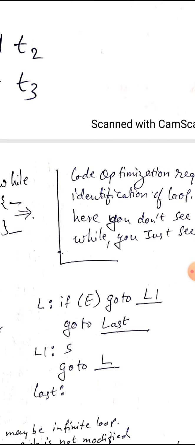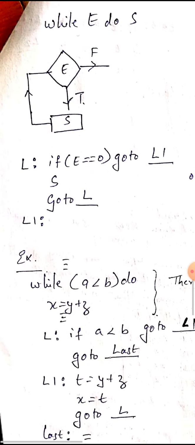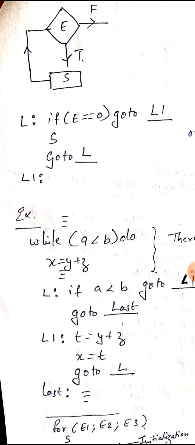So code optimization requires identification of loops, but where you don't see any while, you just see plain text. Now if you see this example, while a is less than b, do x equal to y plus z.